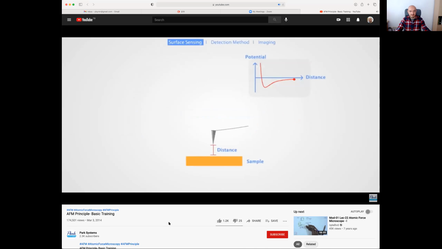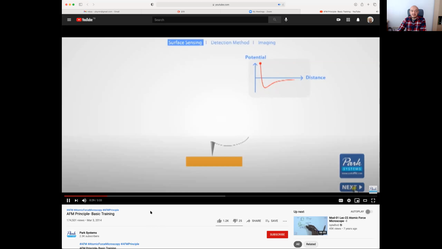An AFM uses a cantilever with a very sharp tip to scan over a sample surface. As the tip approaches the surface, the close-range attractive forces between the surface and the tip cause the cantilever to bend towards the surface. However, as the cantilever is brought even closer to the surface, increasingly repulsive forces cause the cantilever to bend away from the surface.